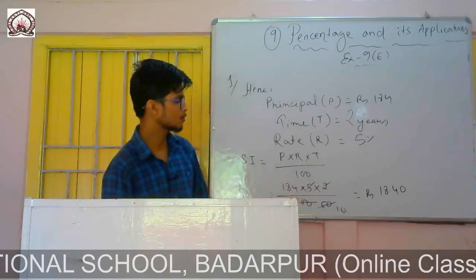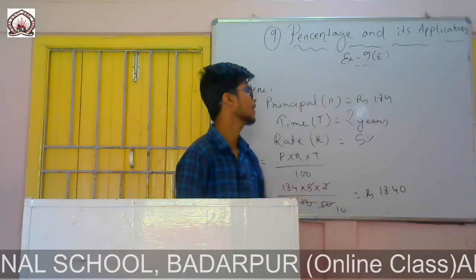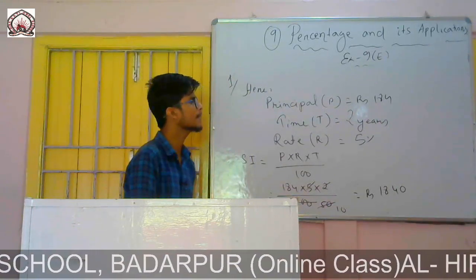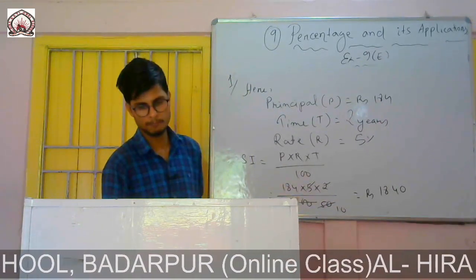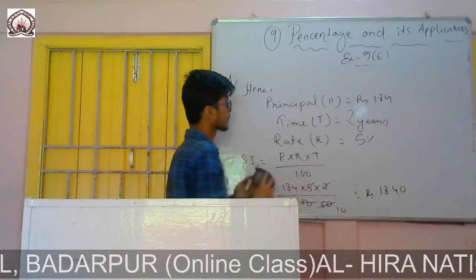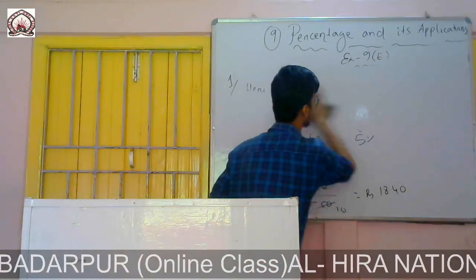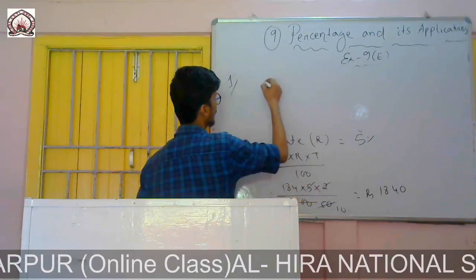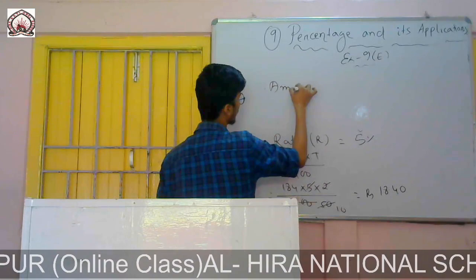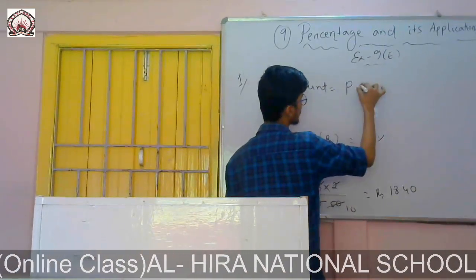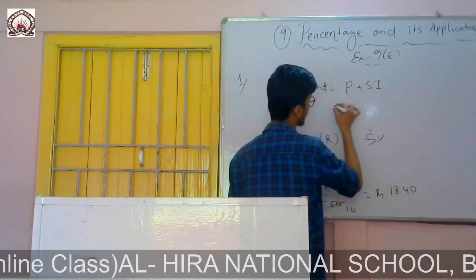Now amount will be principal plus this. What amount will the person return after 2 years? It will be rupees 184 plus 18.40. Therefore, amount equals principal plus SI.